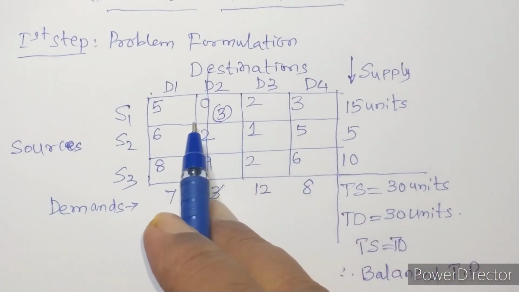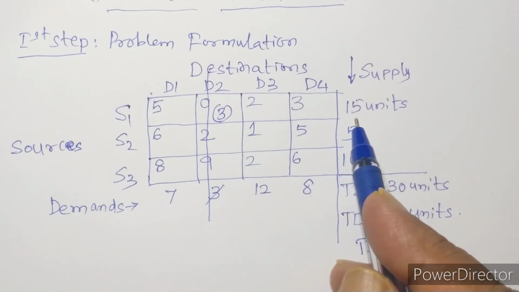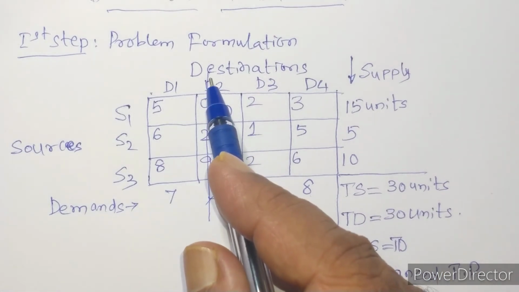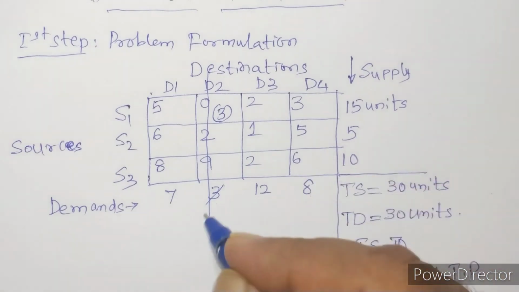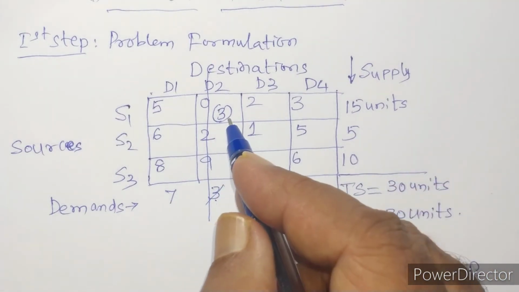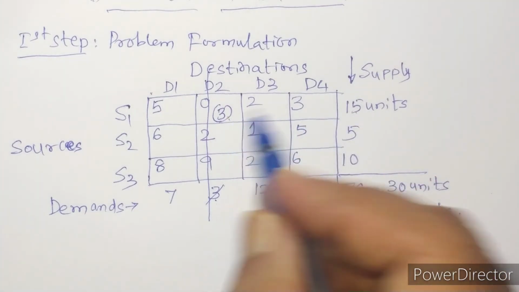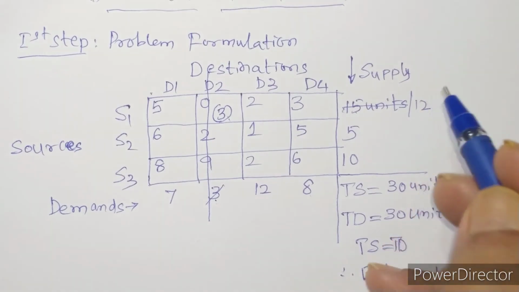If the total supply of a source is exhausted, you can remove the row, and if the demand at the column is met, you can remove the column. Now, out of 15 units, we have allocated 3 here, so 12 units are remaining in the first source.